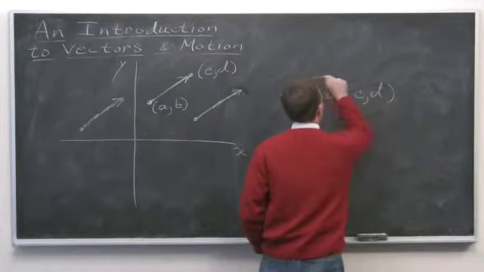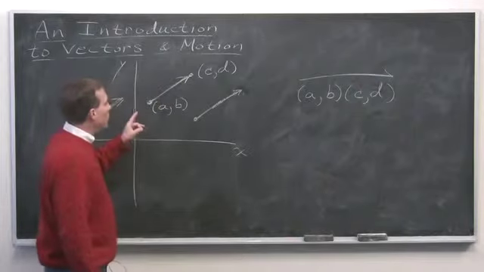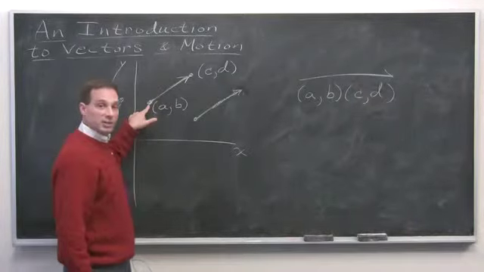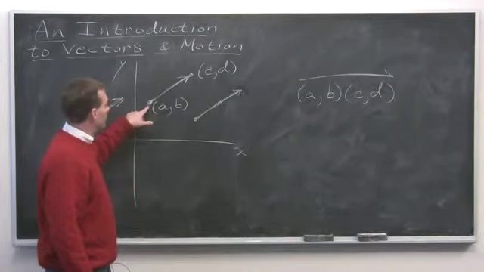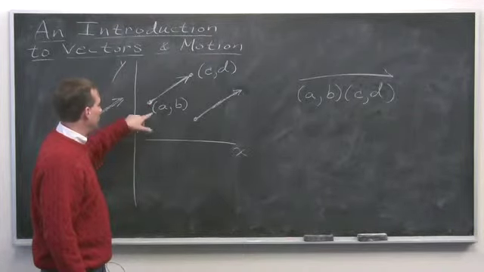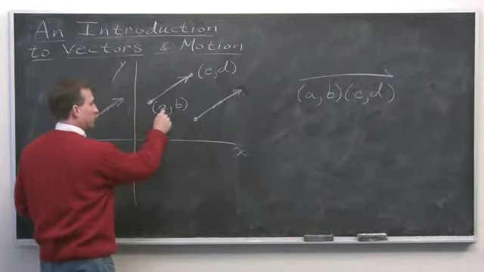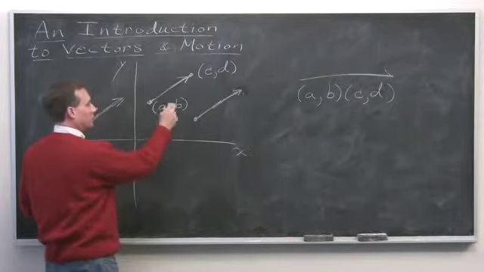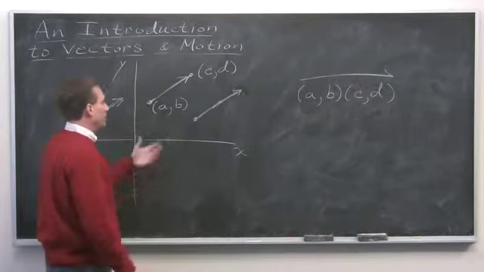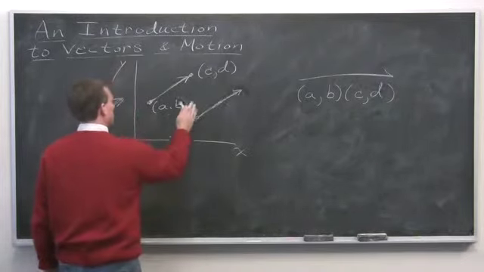Since it doesn't matter where the vector starts and where it ends up, we could always take our starting point to be the origin. So you drag this point down to the origin. It means you subtract A from the x-coordinate, you subtract B from the y-coordinate. And that's what you would do to the x and y coordinates up here.